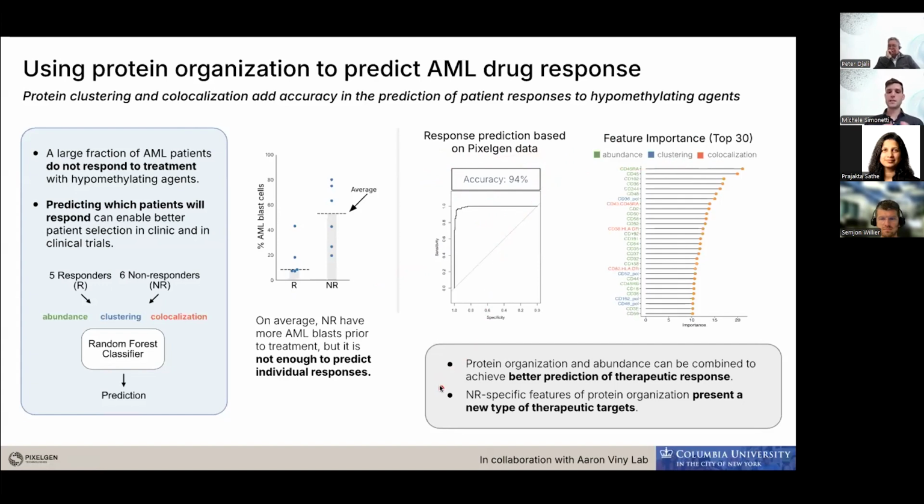And actually what we identified was that there were non-responder specific features of protein organization that might present new types of therapeutic targets. So this is just one way of how the technology can be used also for patient stratification, for instance, or to understand the differences between responders and non-responders.